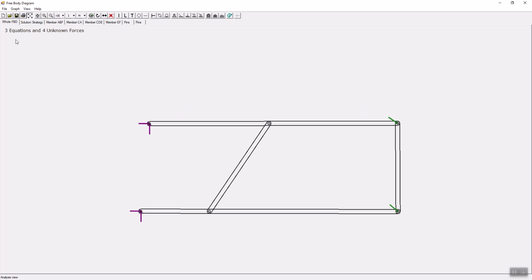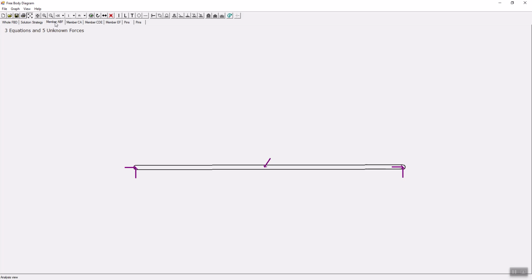Now let's think about analyzing this frame. First we look at the whole free body diagram. It has 1, 2, 3, 4 unknowns. Member ABF, which is the top horizontal member, has 1, 2, 3, 4, 5 unknowns. Member CDE, the bottom horizontal member, 1, 2, 3, 4, 5 unknowns.